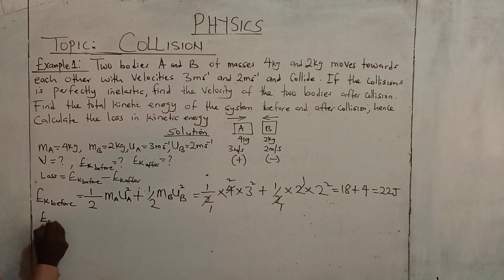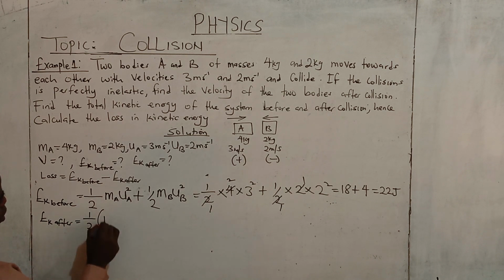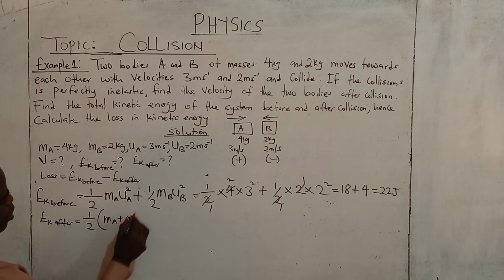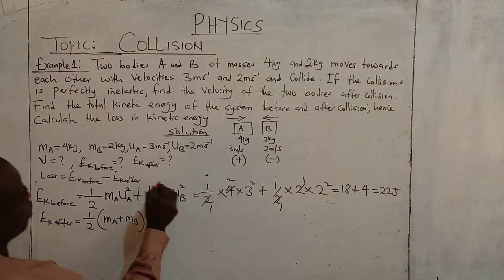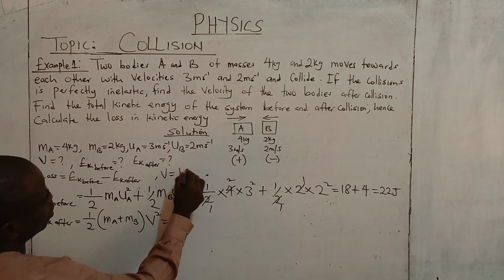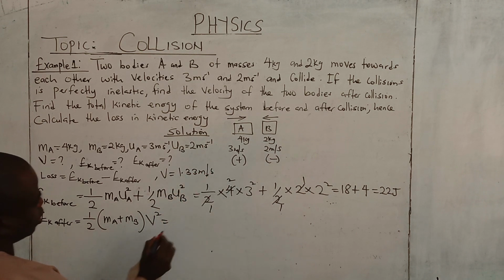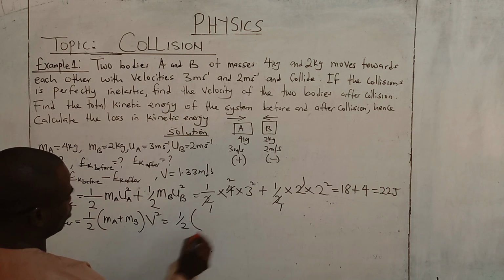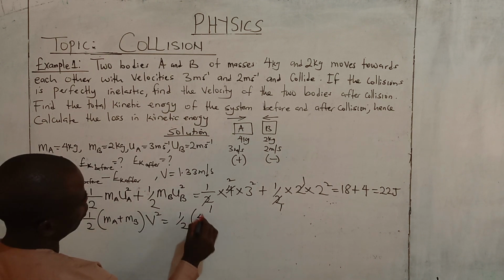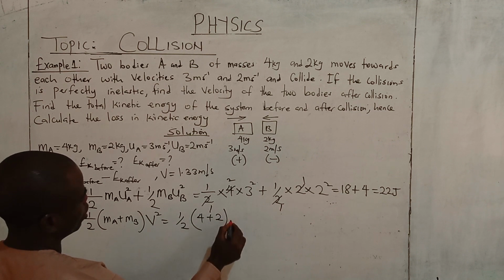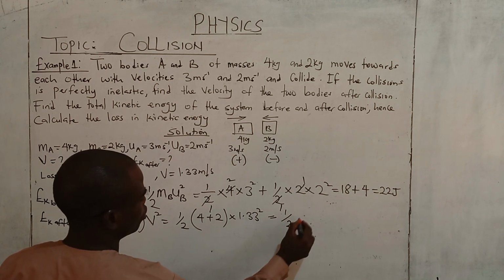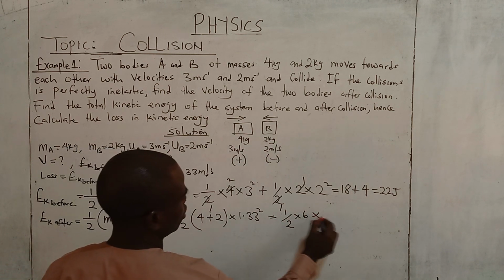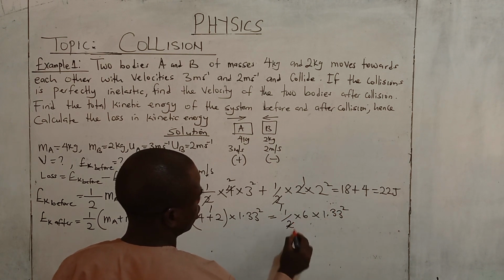Kinetic energy after. They now move together with common velocity. That's half of MA plus MB times V squared. Don't forget that we have calculated our velocity to be 1.33 meter per second. Now you have half, bracket 4 plus 2, multiplied by 1.33 squared. 1 over 2 times 6 times 1.33 squared.